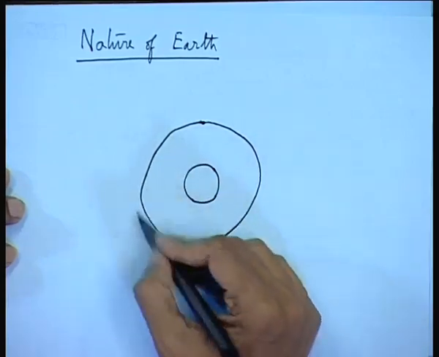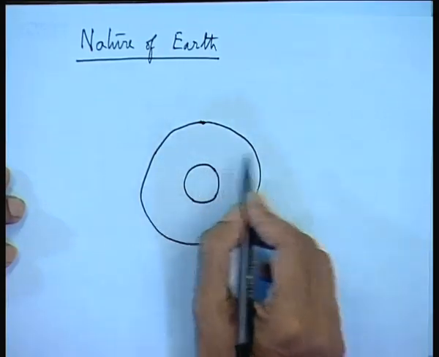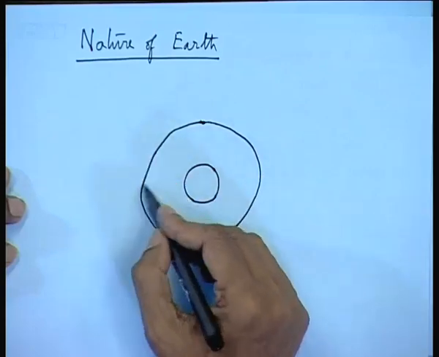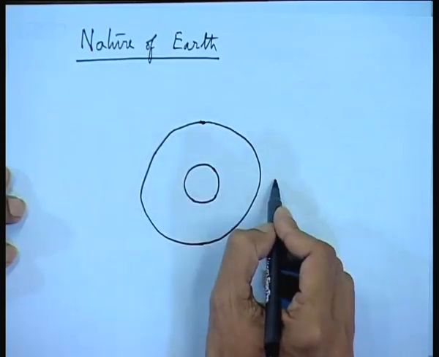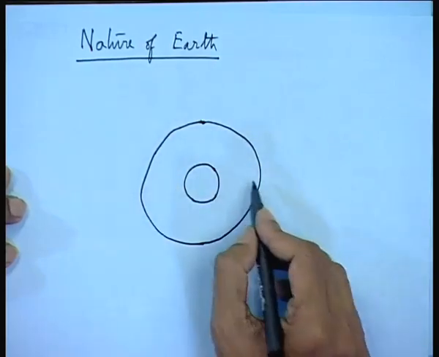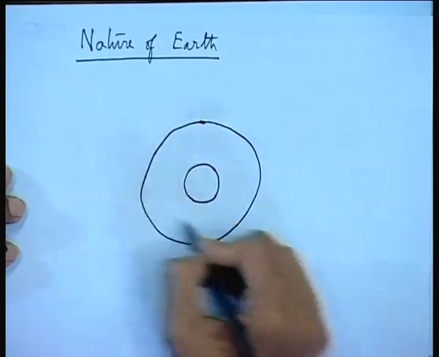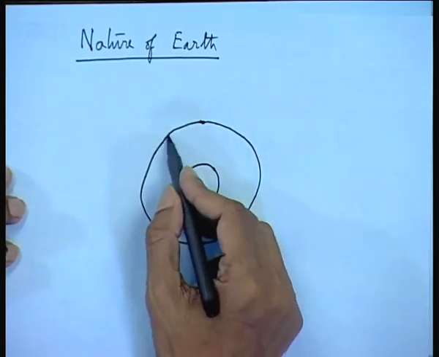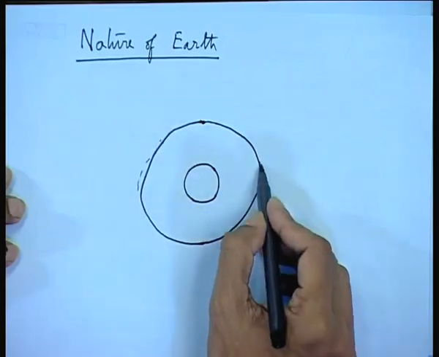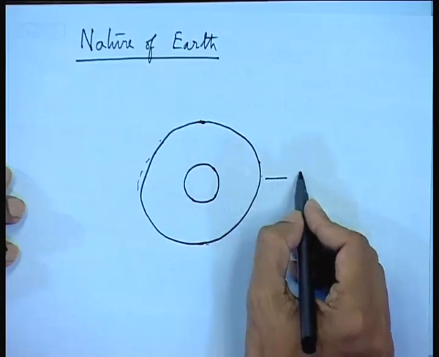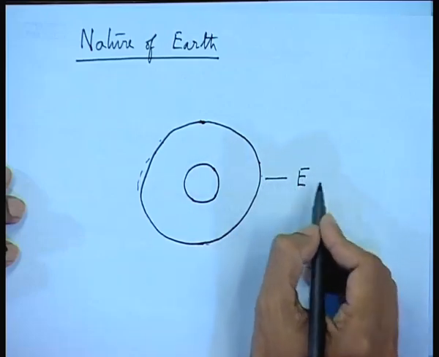Of course, I am unable to draw this perfectly circular, but you see along the hemisphere or near the equator there is what is called a bulge. Since I am drawing by hand the figure is not coming out well, but it will have a bulge near the equator. So, that is called an equatorial bulge.